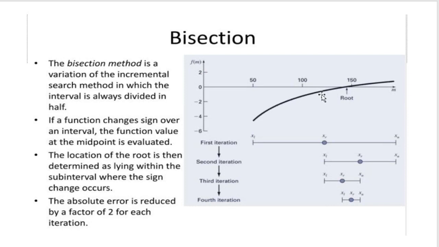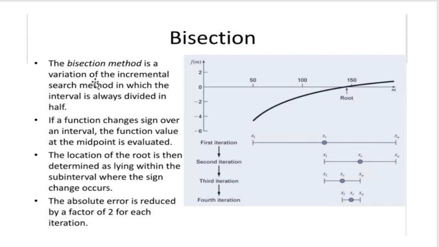This is the nature of the graph we get, and here you can see the value of xl selected is 50, and xu is somewhere around 200. From the graph, f(xl) is negative and f(xu) is positive. So from the condition we need to check for bracketing methods, f(xl) times f(xu) is negative, and we are sure that there will certainly lie at least one root in the range xl to xu.